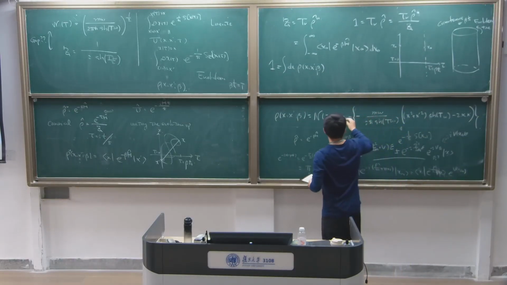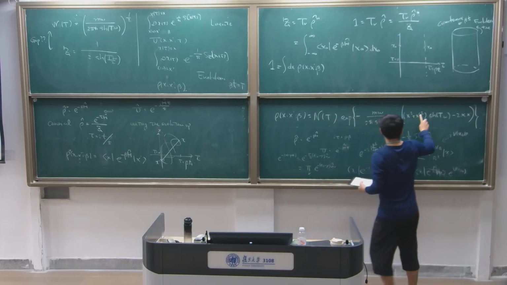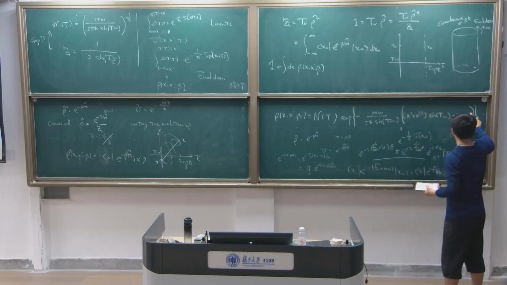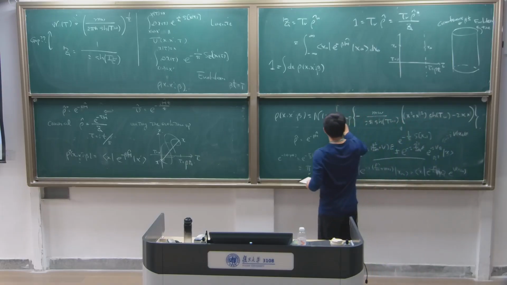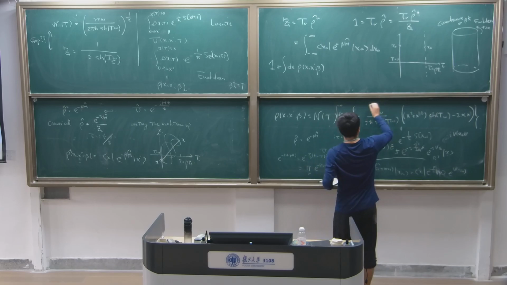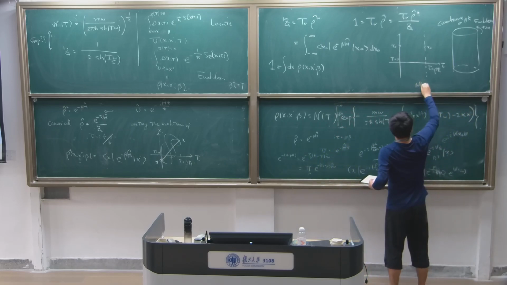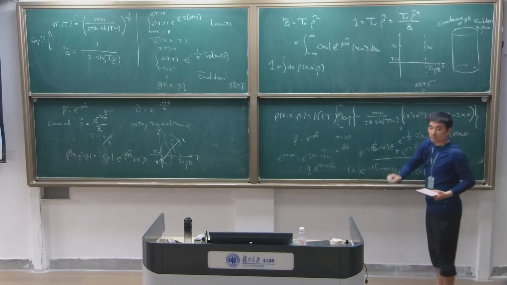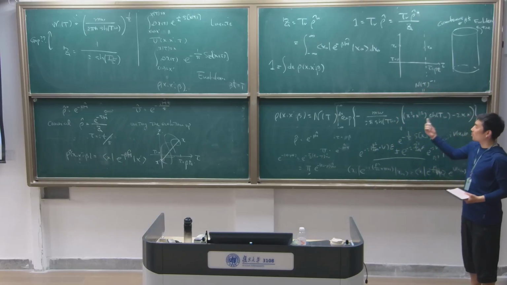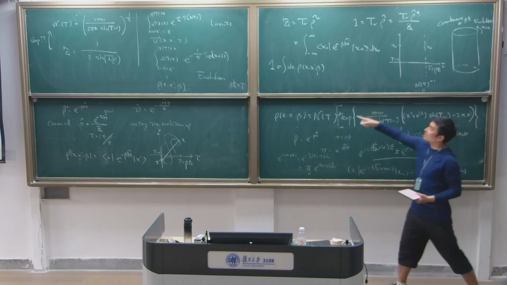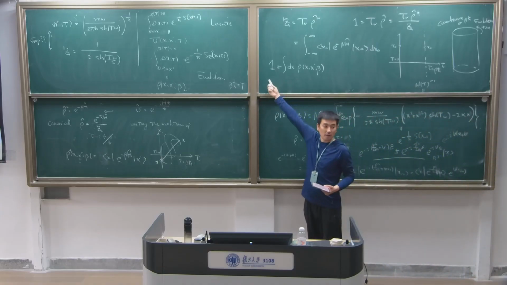So what we need to do is just identify x and the x here, and then do the Gaussian integral dx from minus infinity. Then the whole integral should become n of t inverse. That's the computation, and that will cancel and give you 1.